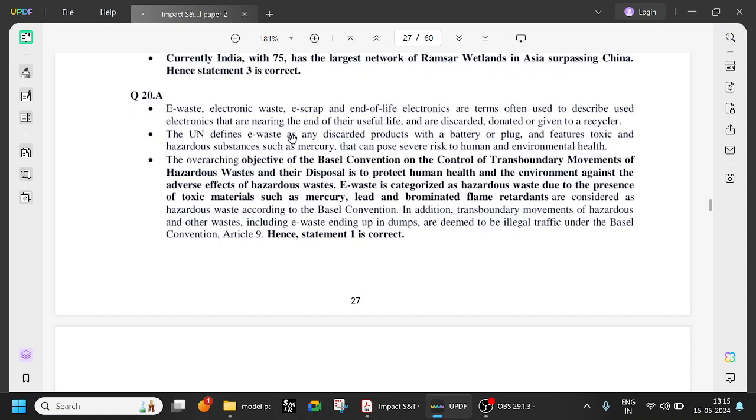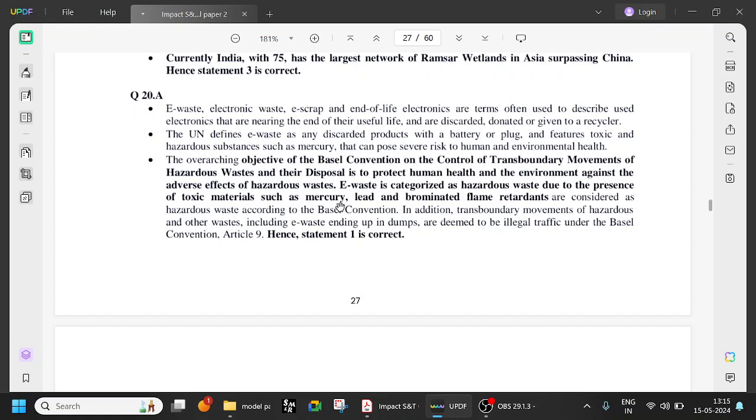UN defines e-waste as any discarded products with a battery or plug and features toxic and hazardous substances such as mercury that can pose a risk to environment and humans. The objective of Basel Convention on the Control of Transboundary Movements of Hazardous Waste and their Disposal is to protect human health and environment against the adverse effects of hazardous e-waste.